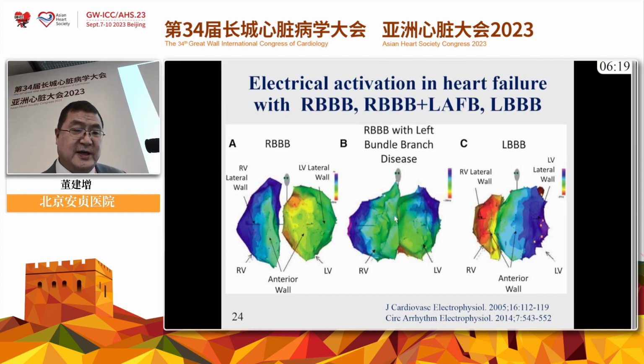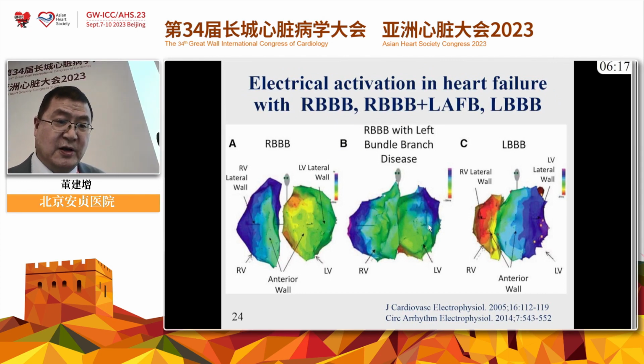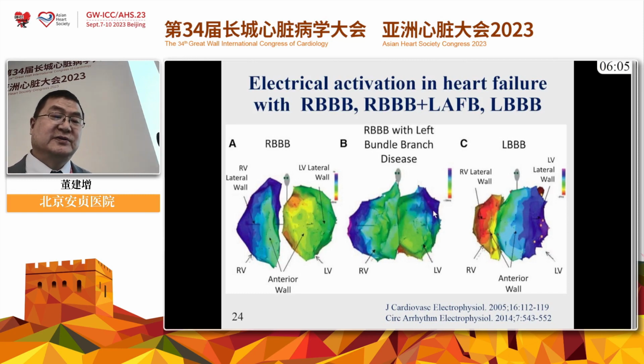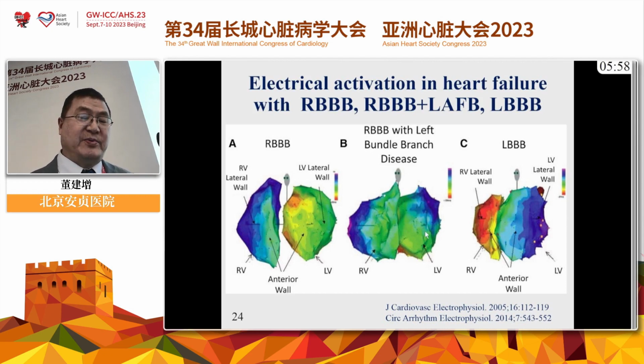The central picture is right bundle branch block with left anterior fascicular block. The activation mapping clearly shows the left anterior wall is significantly delayed. So the left ventricle is in dyssynchrony, and this patient will respond well to CRT therapy. For the left one, just the right bundle branch block, there's no dyssynchrony in the left ventricle, and this patient will not respond to CRT therapy.